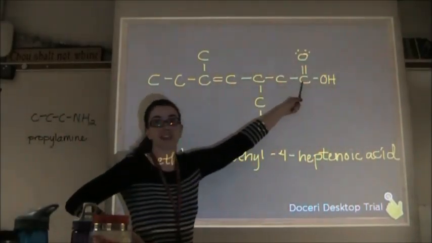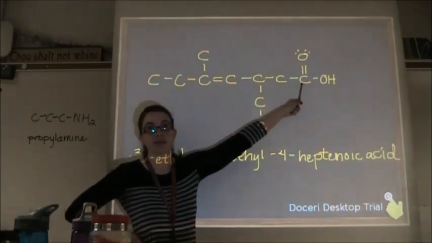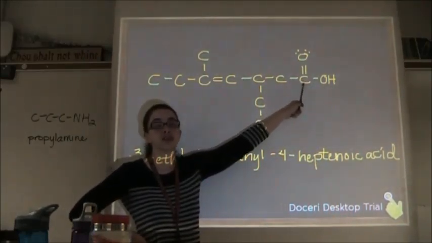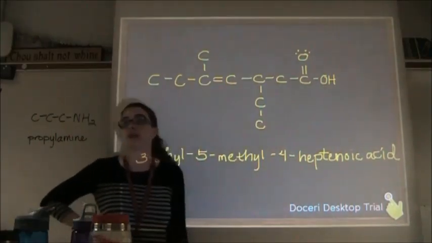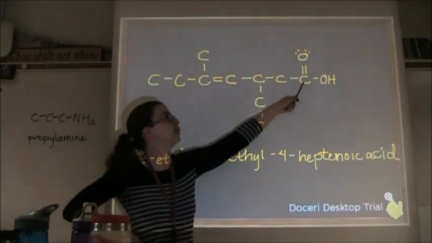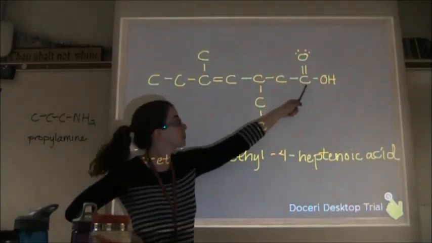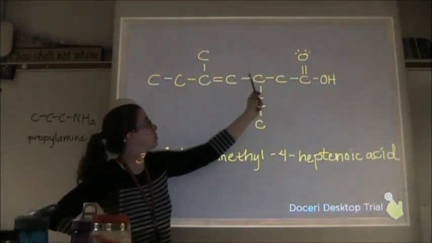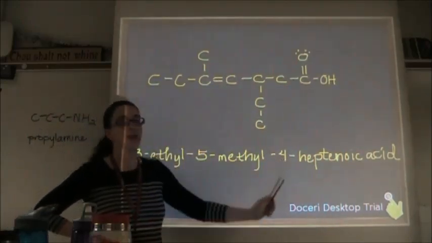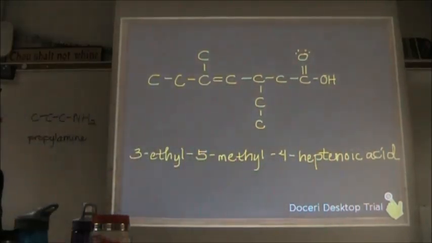This must be carbon number 1. No matter what else is going on in the compound, if you see a functional group, your functional group needs to be on the lowest number carbon possible. That means this one has to be number 1. So 1, 2, 3, 4. That 4 is telling me where the double bond is.